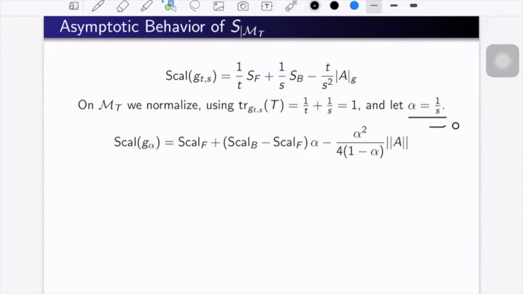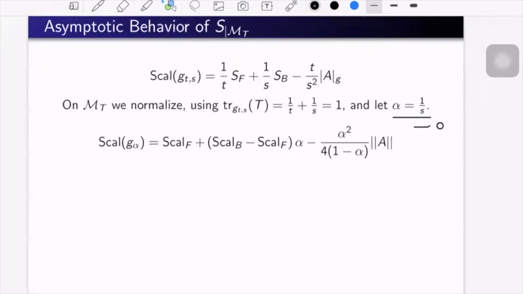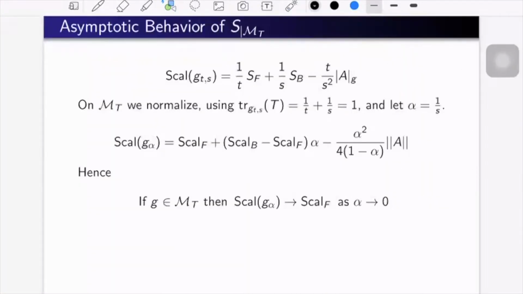And here we get the formula for the scalar curvature. It doesn't blow up. That's the first observation one makes, unlike in the Einstein case. In fact, it has the following behavior. I'm going to let alpha go to 0. So that means I'm expanding the base to infinity. T is my fiber, T goes to 1, and S goes to infinity.